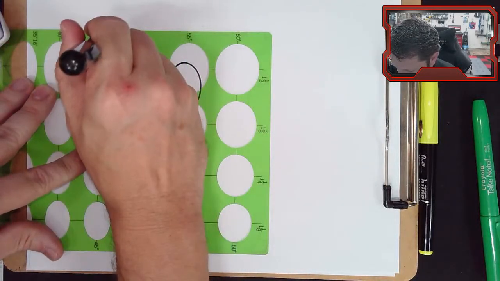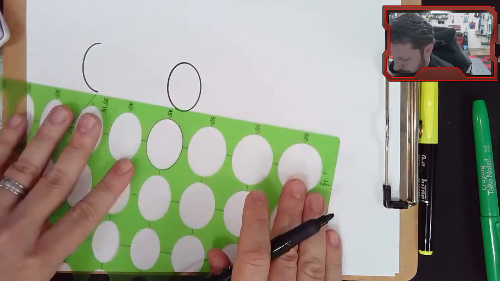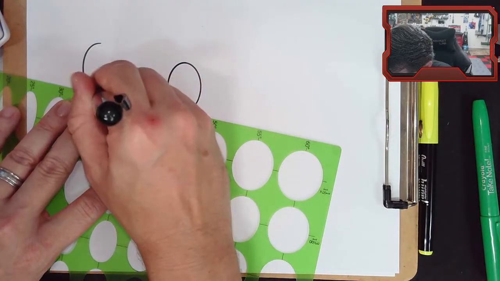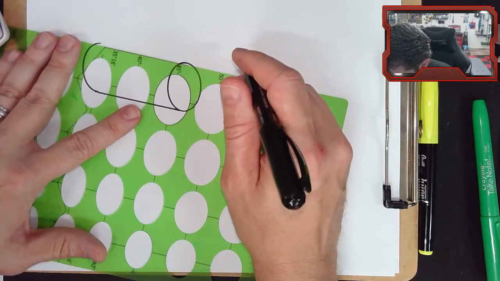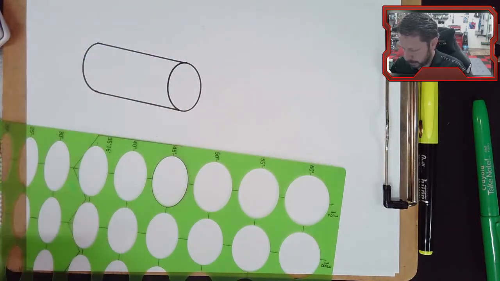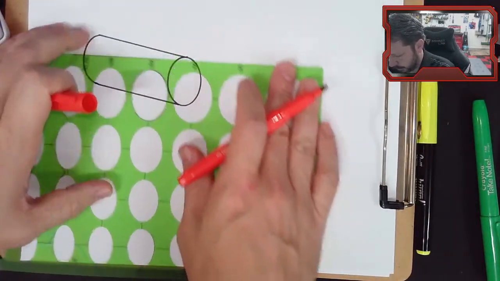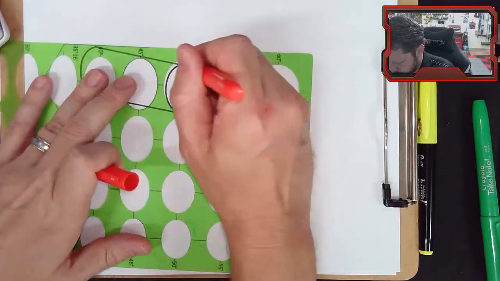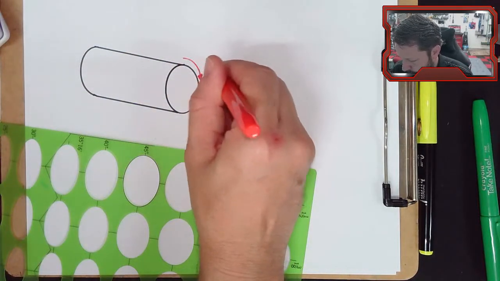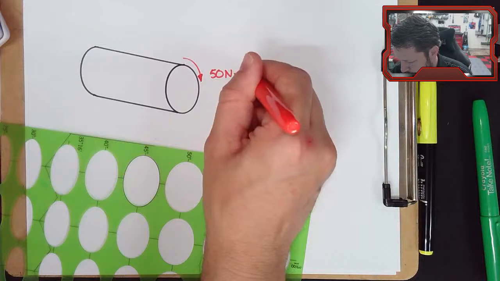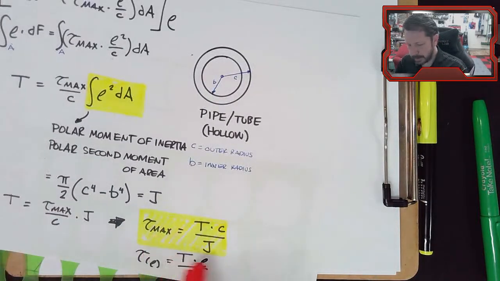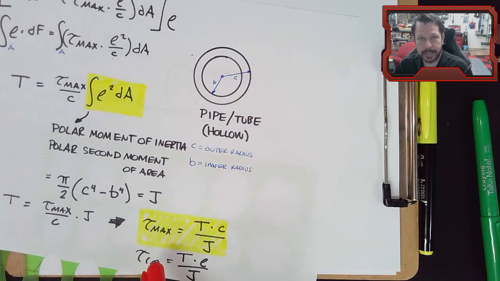So let's basically start with the same setup we had when we derived all this, but with numbers. There's our shaft. Let's put a torque on it. 50 Newton meters. We could give it a length, but notice the length doesn't affect the shear stress.